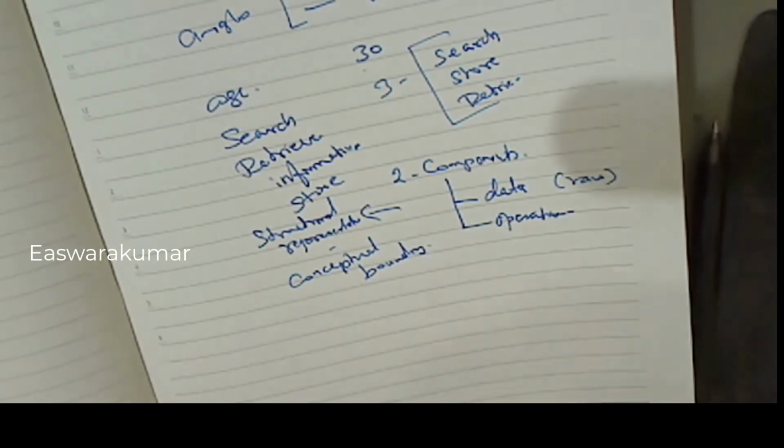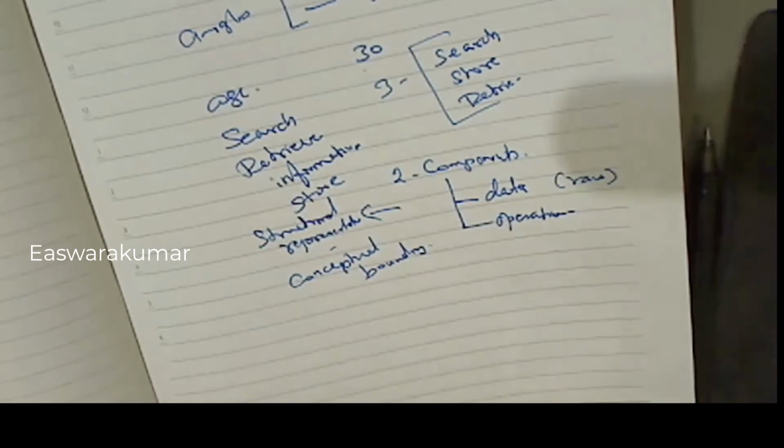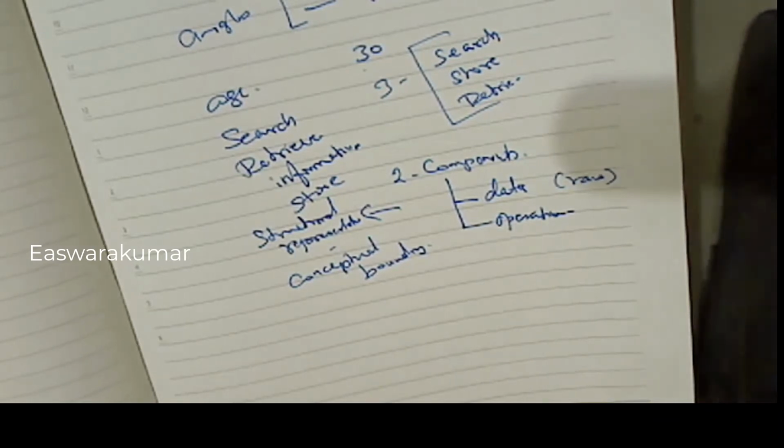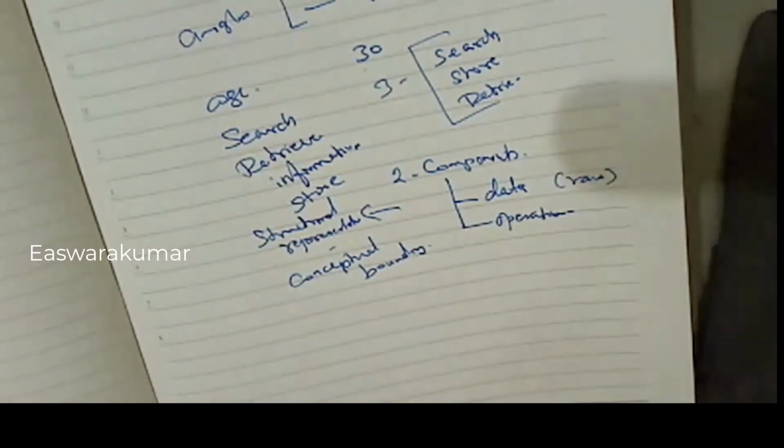So here we are trying to bring a structural representation so that when we execute something on the data structure, it cannot violate or damage the data. So we are mentioning a conceptual boundary for that.